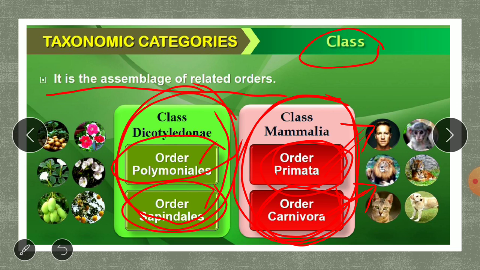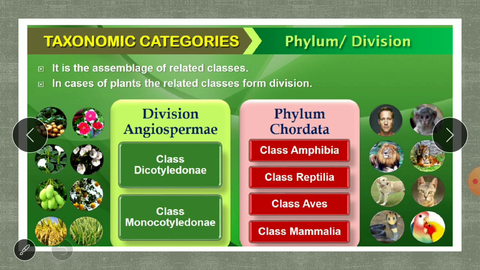I hope now you are understanding how the taxonomic categories are progressing from smaller to larger. Then coming to the next one, that is phylum or division. It is the assemblage of related classes. In plants, we call it division, and in animals, we call it phylum.